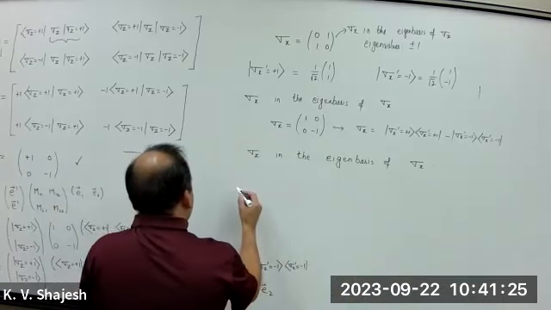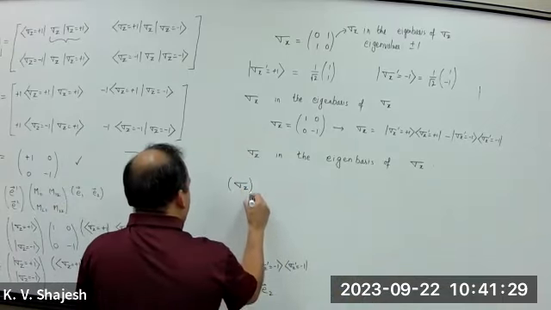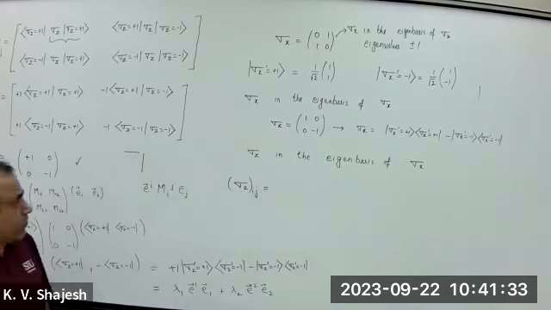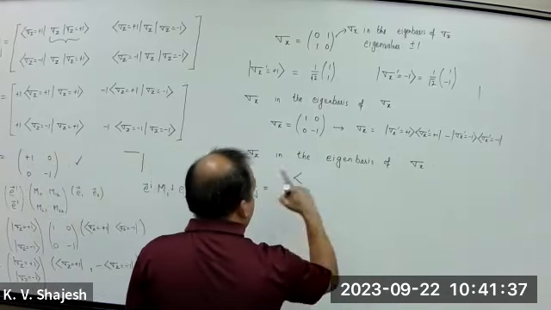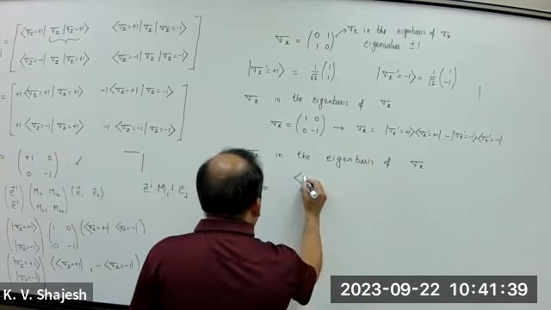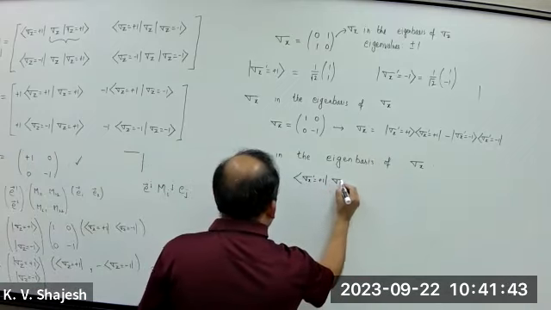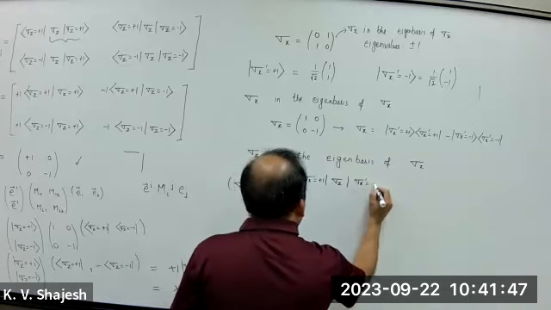So let's first deal with the ij components. These are the components of the matrix, and we are in the basis of sigma x. So this is sigma x prime equal to +1, sigma z, sigma x prime equal to +1.